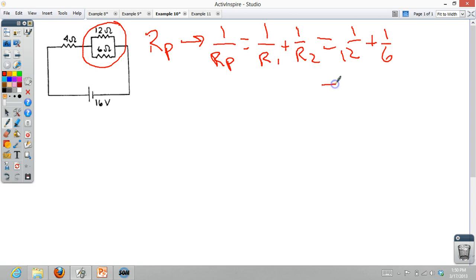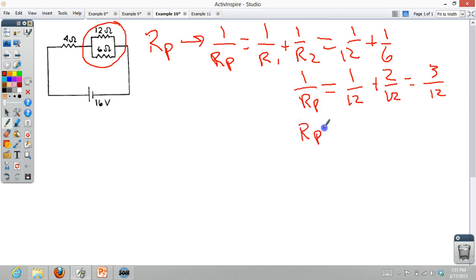We need a common denominator, so we have 1 over 12 plus 2 over 12, which gives me 3 over 12. But remember, that is 1 over the parallel resistance. So our parallel resistance should be equal to 12 over 3, which is really equal to 4 ohms. So this part right here is actually equal to 4 ohms.